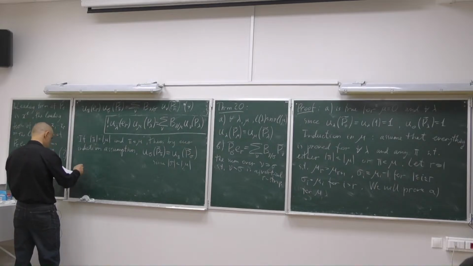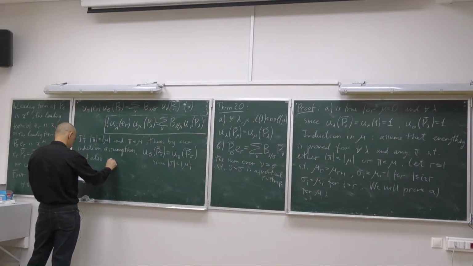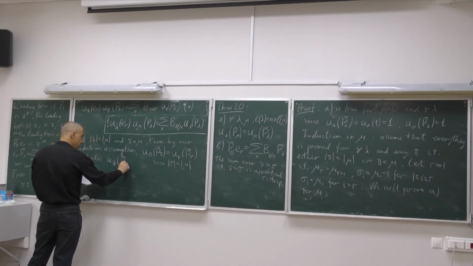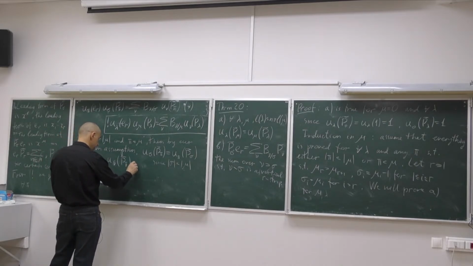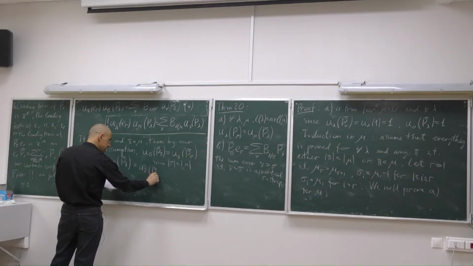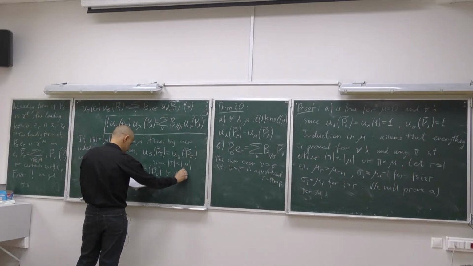And also we know that evaluation at nu of renormalized pi Macdonald polynomial is evaluation at pi of renormalized nu for any nu less than or equal to mu.